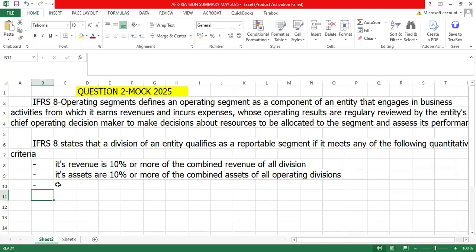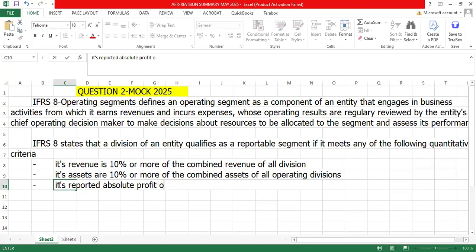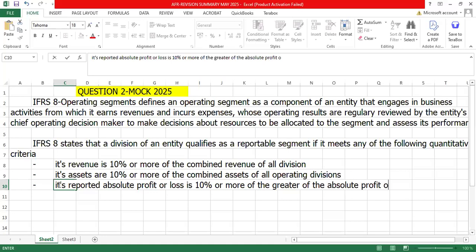Then number 3, the last one, if its reported absolute profit or loss is 10% or more of the greater of the absolute profit or loss for all divisions.